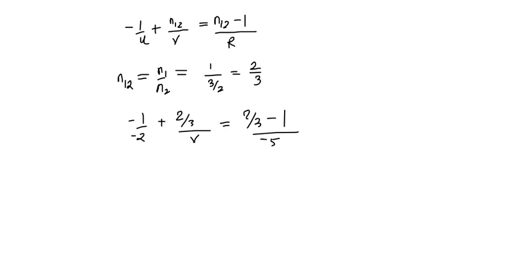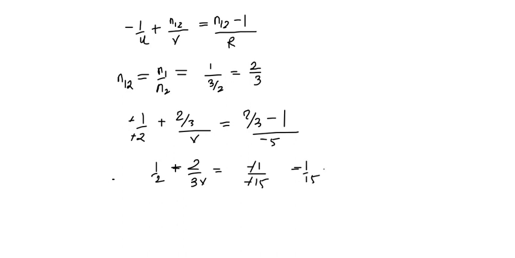Remember that. So this minus gets cancelled. So half plus 2 by 3v equals 2 by 3 minus 1 by minus 5, that is 2 by 3 plus 1 by 5, 13 by 15. Minus get cancelled, I am left with 1 by 15.